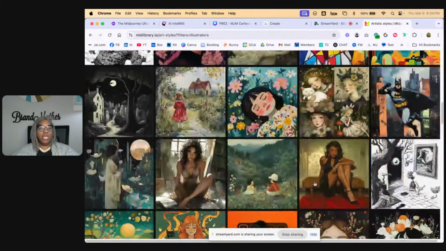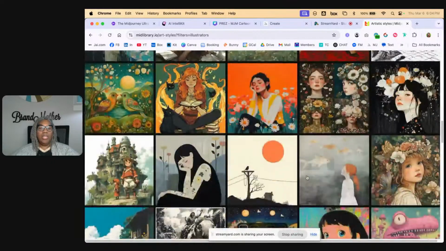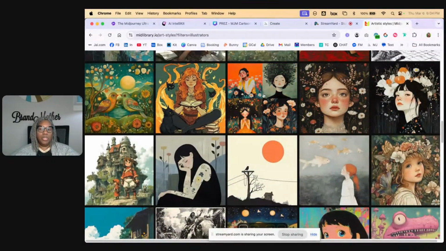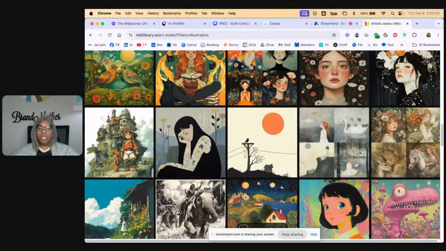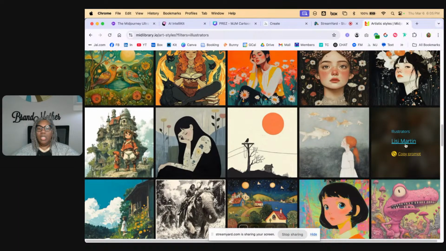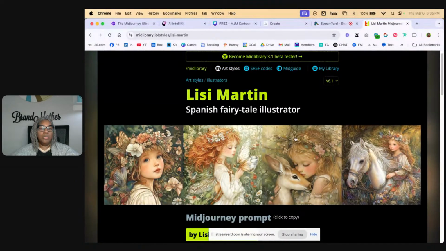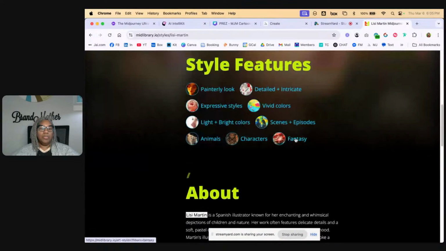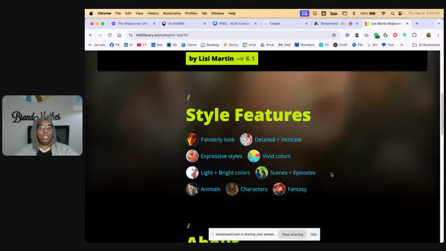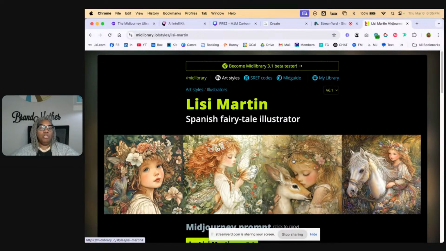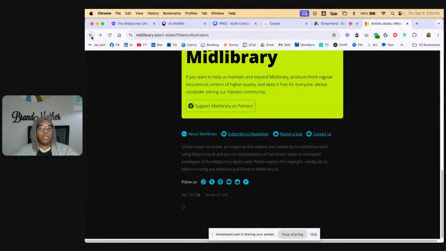If there's an image that catches your eye, click on it and it'll tell you either the art style or the artist. And then you click on it and it'll give you examples and you can take their name and things like that. It tells you a little bit about the artist. So this is still a great resource.